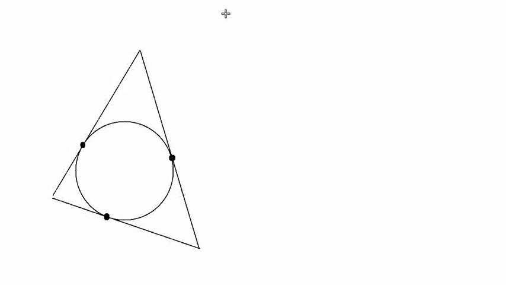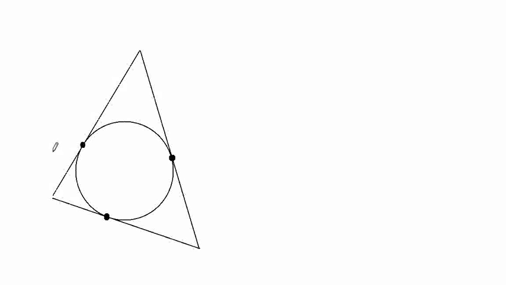So I've drawn a picture of a circle that is inscribed inside a triangle. That means that it touches the triangle at 3 points. I've identified those 3 points with black dots.